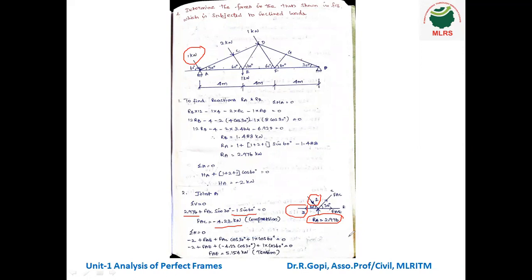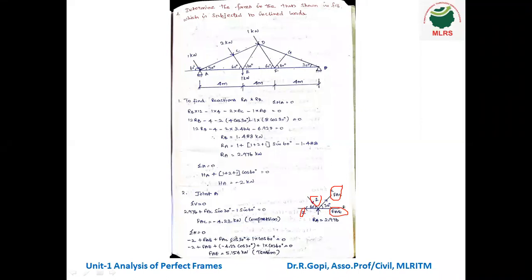The first minus 2 is moving towards the left, but FAE, FAC and this 1 kilonewton are moving towards the right, so they are plus.